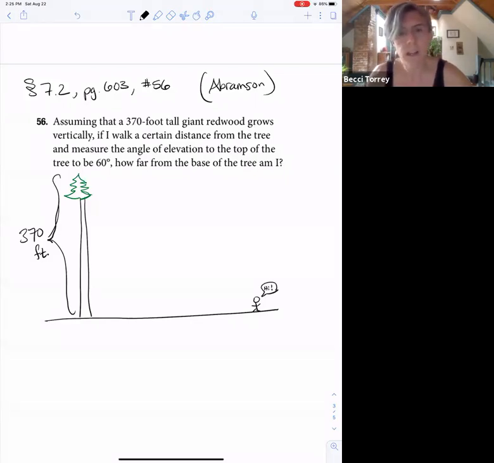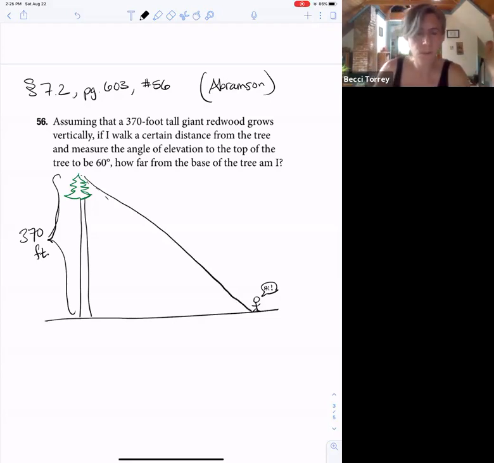That's me over here. And I've measured the angle of elevation to the top of the tree. So that's the angle from the ground out to the top of the tree. So let's just draw in an imaginary dotted line here from the top of the tree down to me. And because we're so far away, this tree is so tall, we're not going to worry about does it hit my head or the ground. We'll just draw a triangle. And this angle here is 60 degrees.